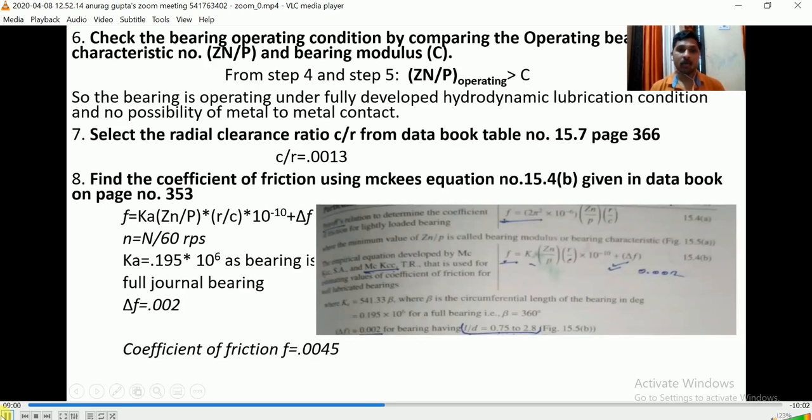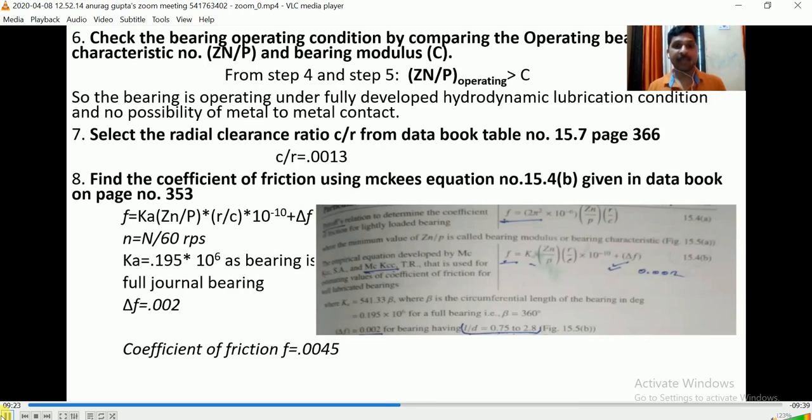So the first step of the design is over, because what we found by assuming the L by D ratio is correct, as our bearing is working under fully developed hydrodynamic lubrication.